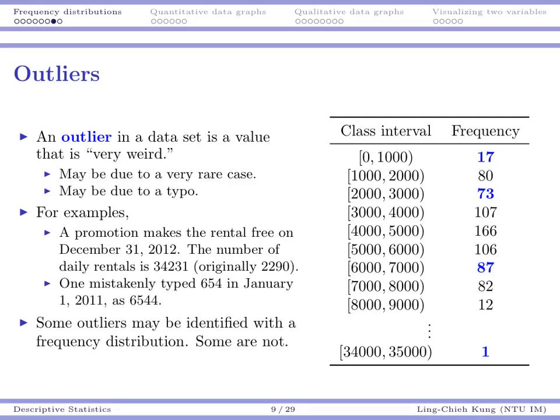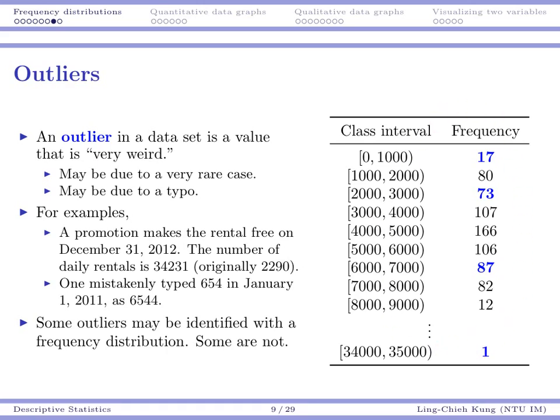Also suppose that when the officer was typing this data set, or suppose it was typed instead of collected automatically by a system, there was a mistake that made 654 into 6,544. Suppose that's the case, then our grouped frequency distribution would become this.